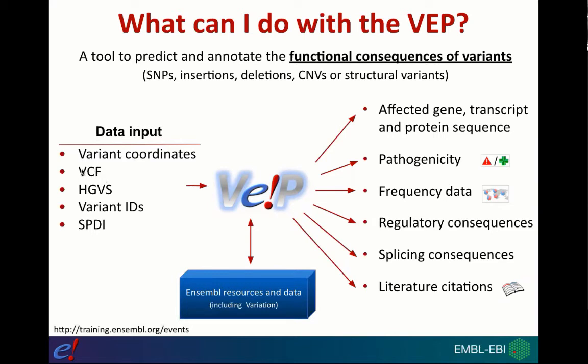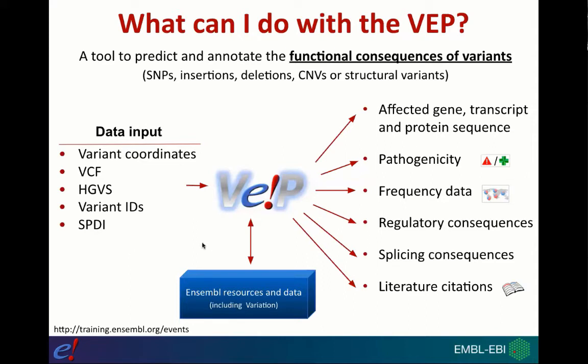So this is variant calling format, a very common file format that's used for variant callers. You might have HGVS format, which is very commonly used in clinical variant reporting. You might have a list of variant IDs, such as a list of rs numbers, like we were discussing in the previous demo. And SPDI as well is another variant notation format that you can use with the VEP.